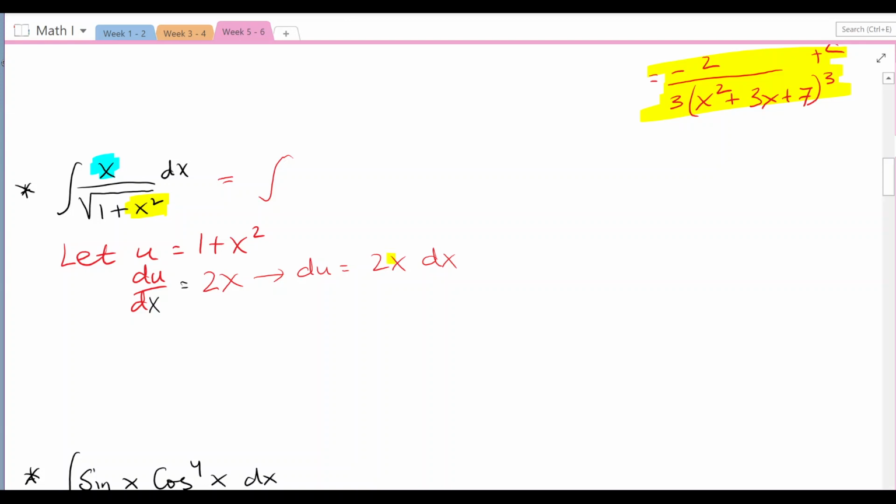Therefore we can replace x dx with du over the square root of our u, which is the same as 1 over u raised to the power of half.